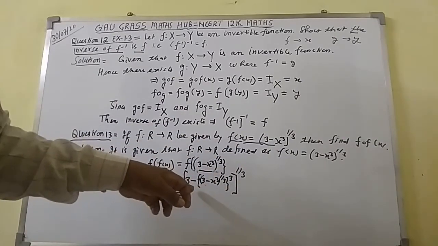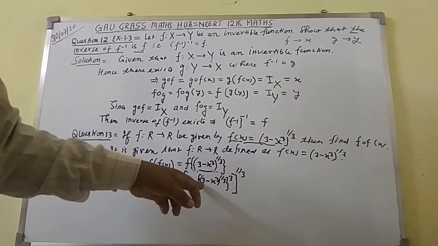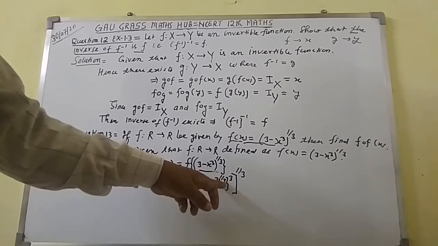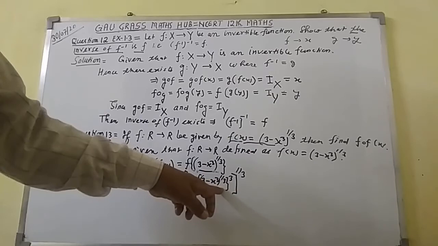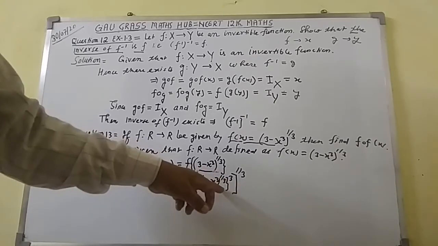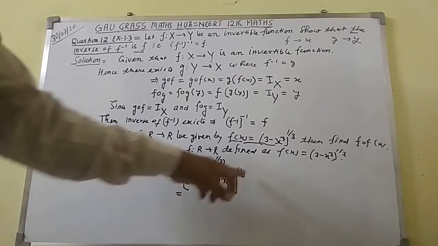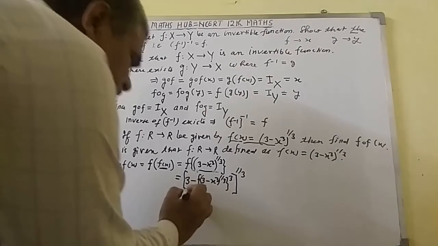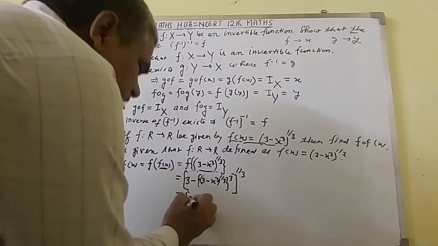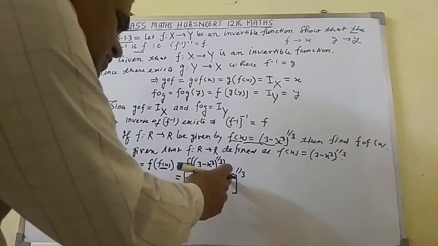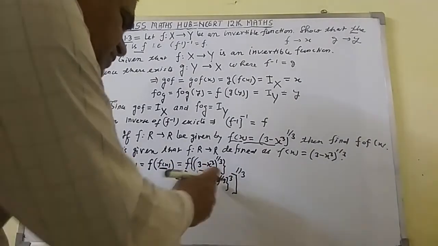I have written in place of x (3 minus x cube) whole raised to power 1/3, and I have written power cube for this complete one. Next you can write here 3 minus, and here you can see power 3 is there.